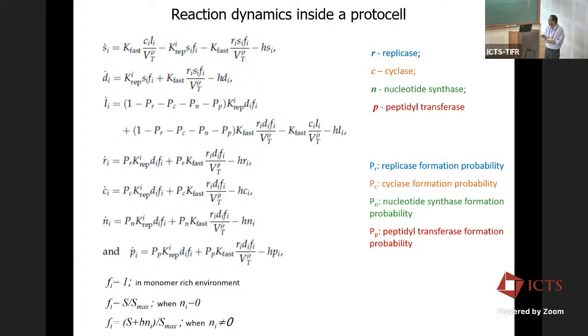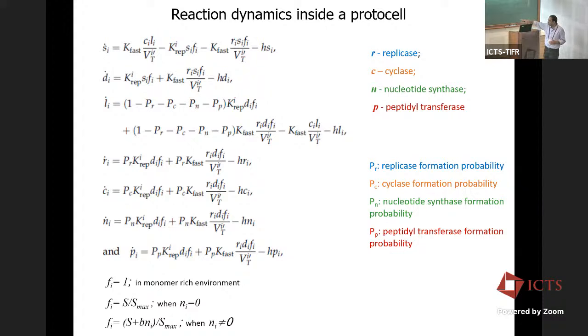So one is a cyclase which can take an open-ended RNA and circularize it to form a template. That was essential for us because the larger the number of templates, the more the replication process can occur. The second is the replicase, which speeds up the process of replication through this rolling circle mechanism.